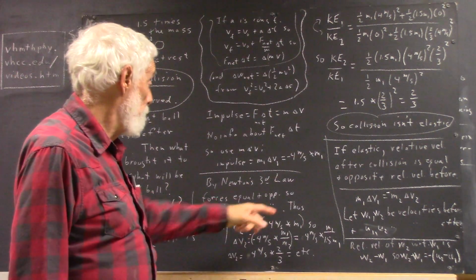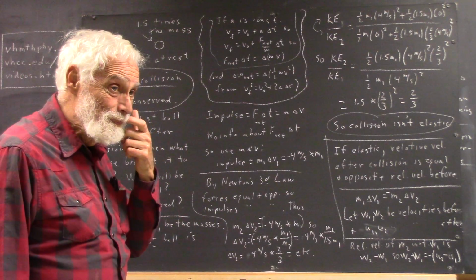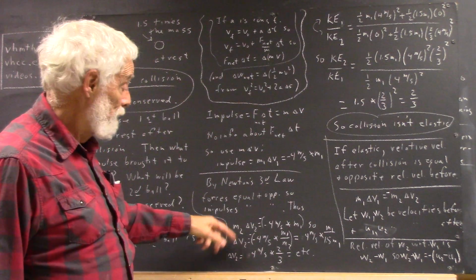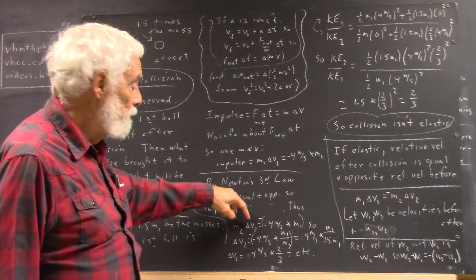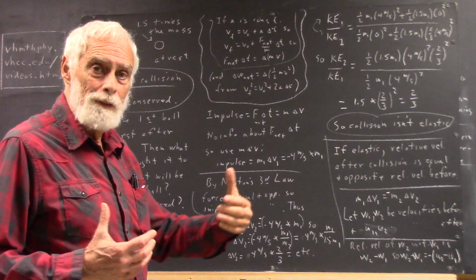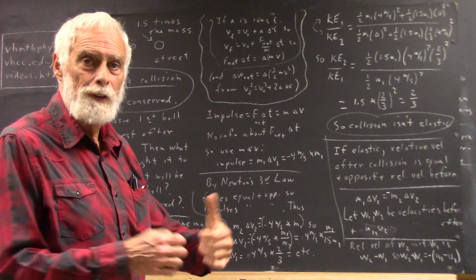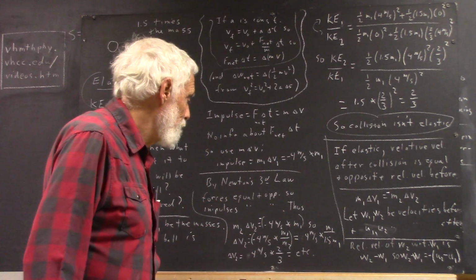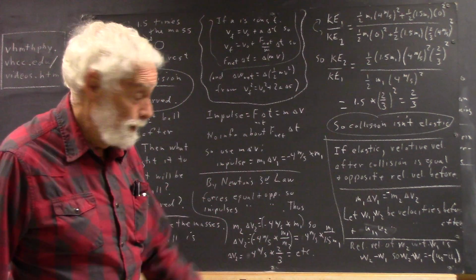That means that the impulse on the second object, in this case, is m2 delta v2. We do care about F net delta t because Newton's third law is what tells us that F net delta t is equal and opposite, so that the changes in momentum are equal and opposite.